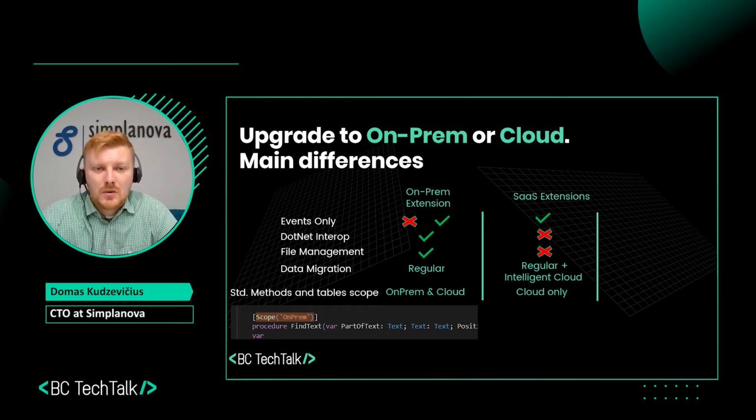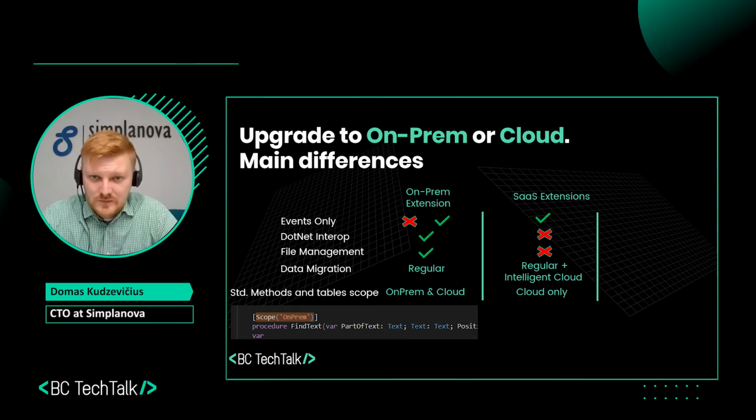So, you're either moving your standard code changes to the events, or you're getting rid of them, because that's how it works in SaaS. Then it comes to the .NET Interop. On the on-prem extension, you can use .NET Interop with a bit of limitations of the web client, but you're still able to use it.